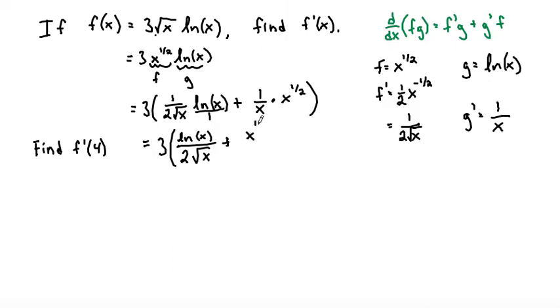I make x to the 1/2 over x. And then to simplify just a bit more, if I have common bases, I can simplify by subtracting the exponents. So I'll do my 1/2 minus my understood 1 exponent here, which would make 3 times ln of x over 2 root x, plus 1/2 minus 1 is negative 1/2.